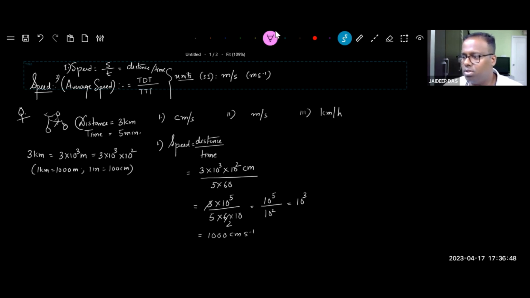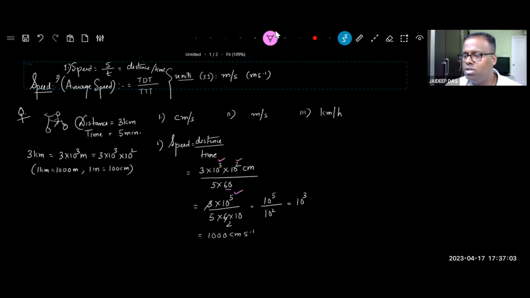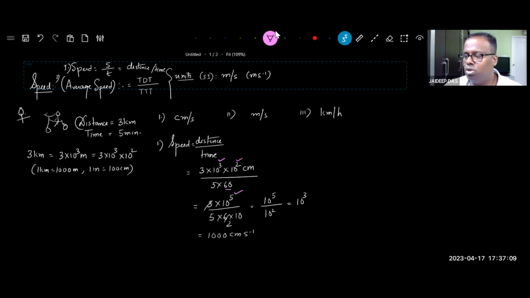10 to the power 3 and 10 to the power 2 add up to give you 10 to the power 5. 60 has been split and written as 6 into 10. So won't it be 5,000? Why will it be 5,000? Because 5 into 60. So I have kept the 5 on top. Neha, you still have a 3.